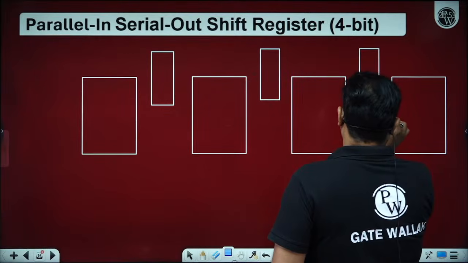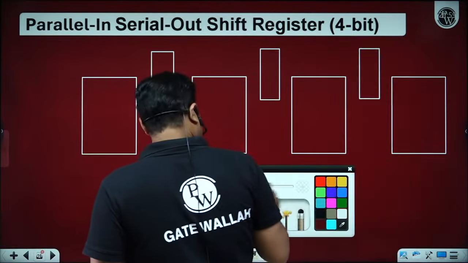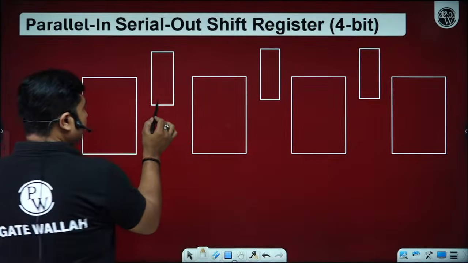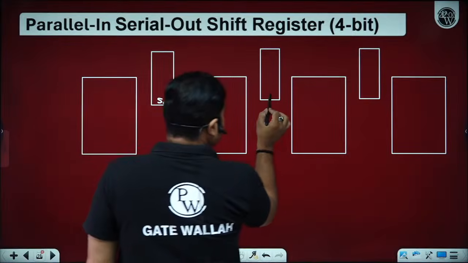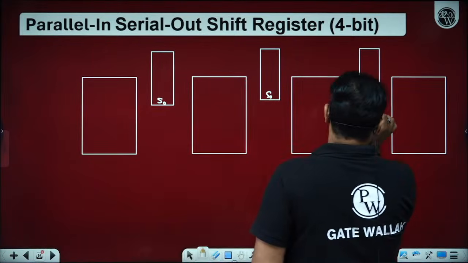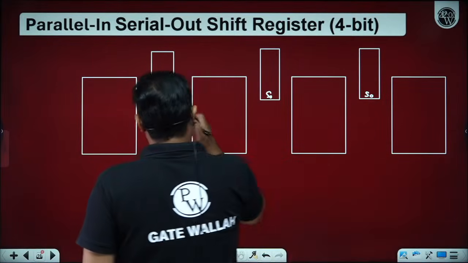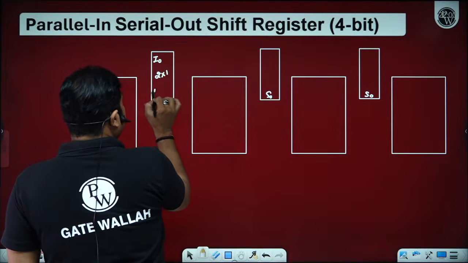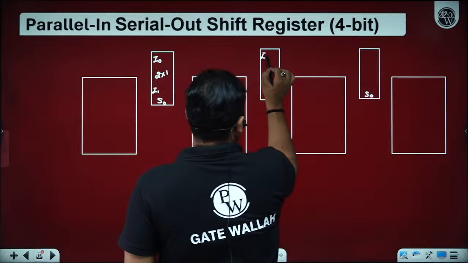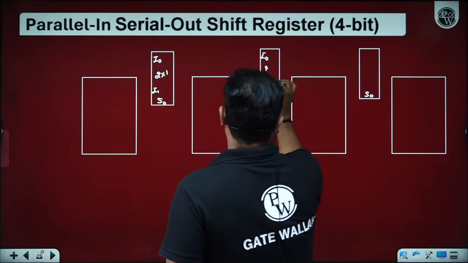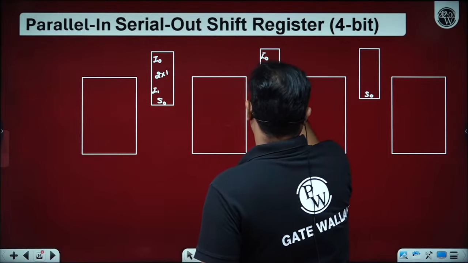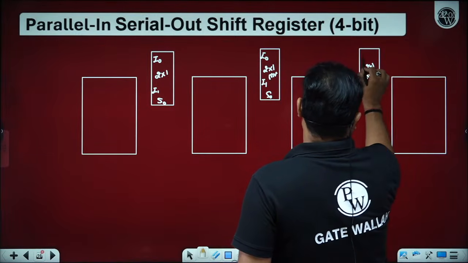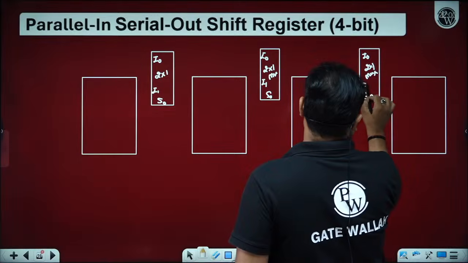We all know about the multiplexer. A multiplexer will provide the output based upon the select. All the multiplexers used here are 2 cross 1 with the I0 and I1 pins.